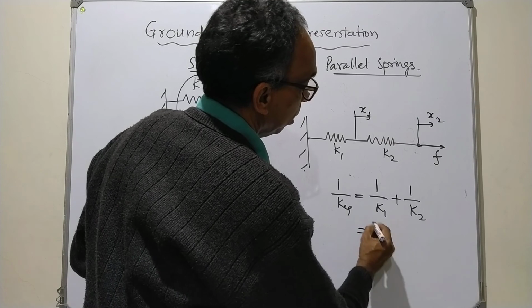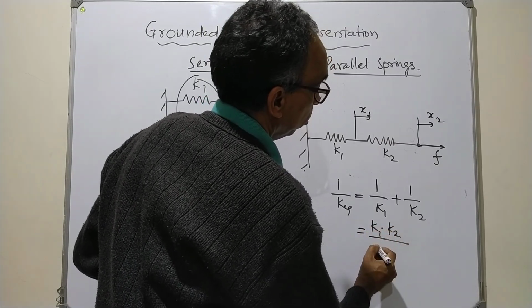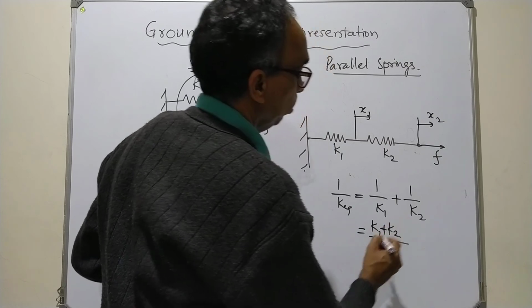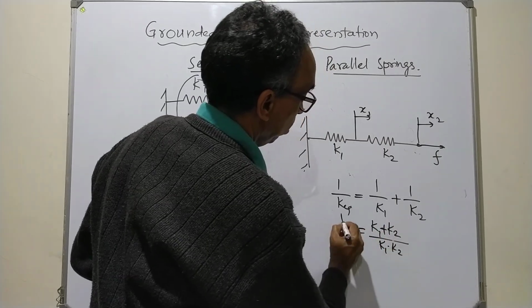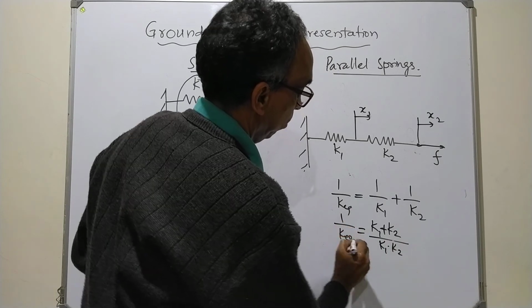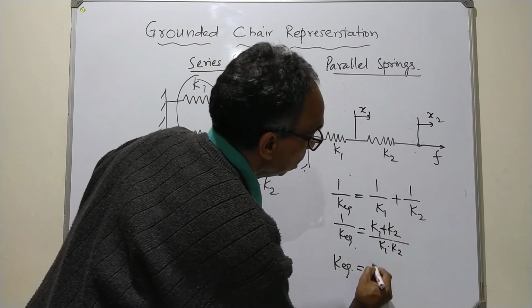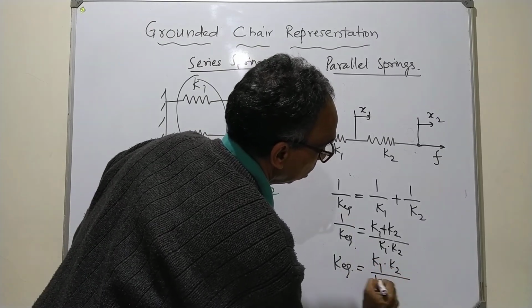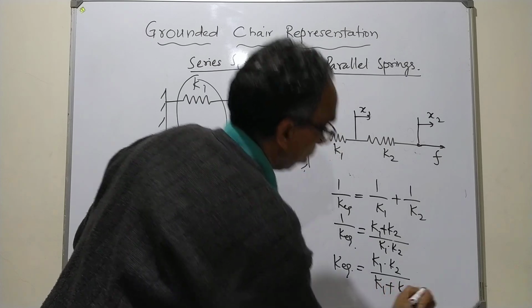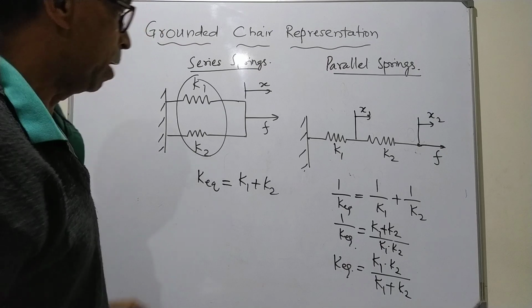That was nothing but K1 plus K2 upon K1 into K2. This is 1 upon K equivalent, and K equivalent was the inverse of this, K1 into K2 upon K1 plus K2. So this is just a revision of series springs and parallel springs.